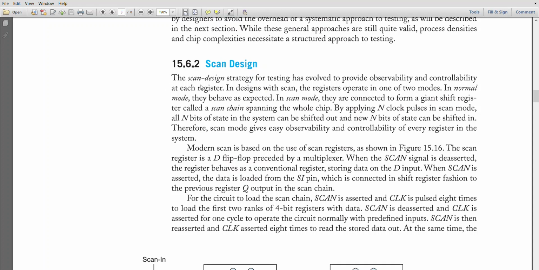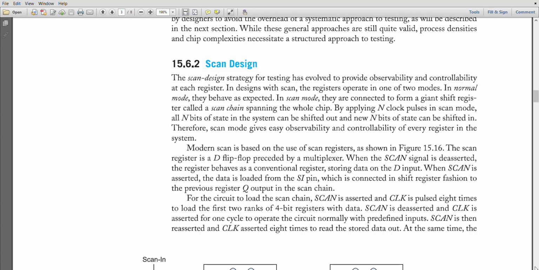In normal mode, they behave as expected. In scan mode, they are connected to form a giant shift register called a scan chain, spanning the whole chip. Idea is clear. So two modes are there: scan mode and normal mode. Normal mode means the circuit behaves normally.